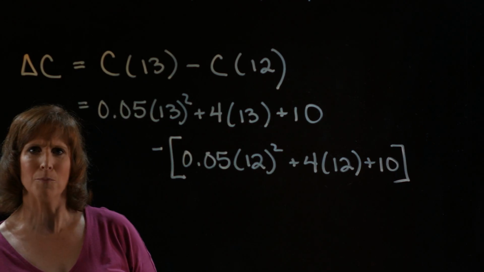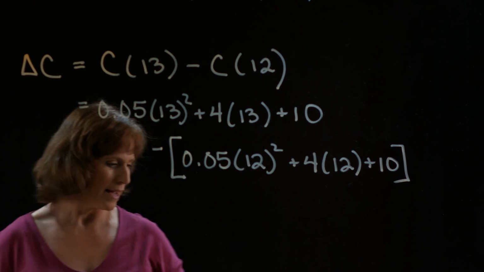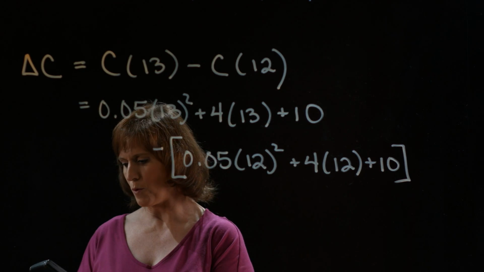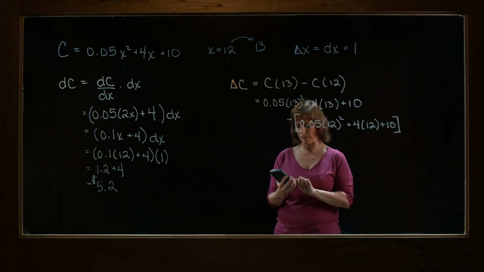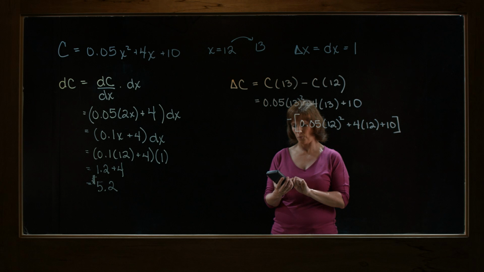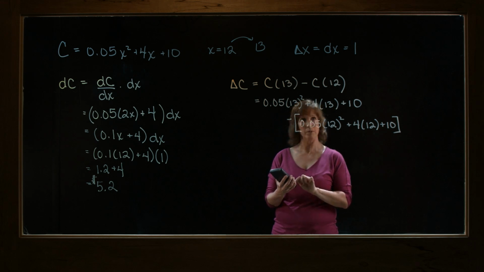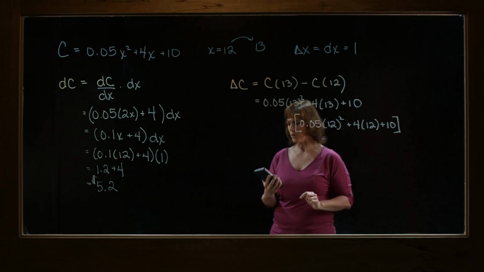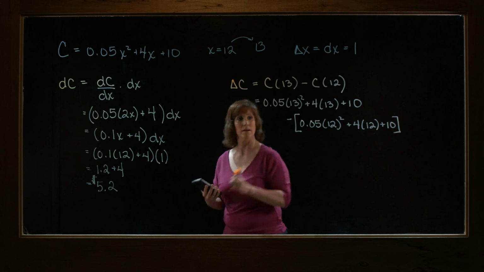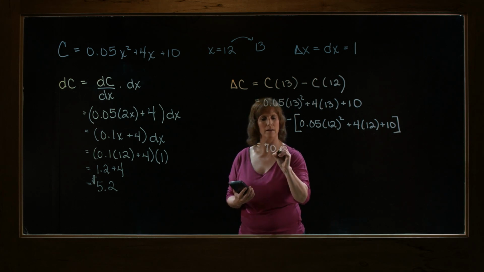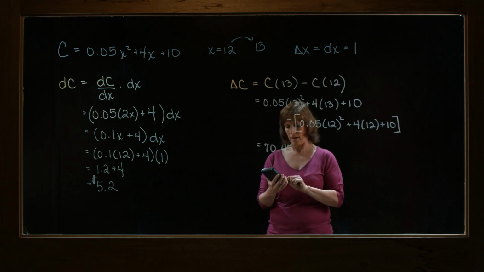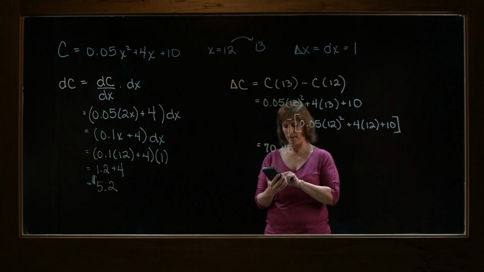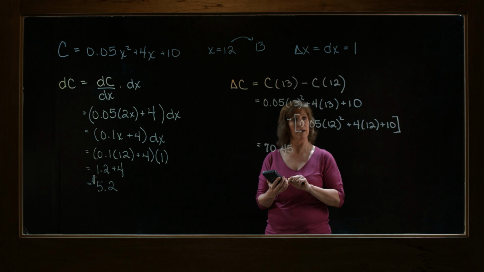I think at this point I'm going to pull out my calculator to help me get these answers. So I'm going to have 13 squared times 0.05 plus 4 times 13 plus 10. That's going to give me 70.45. I then am going to subtract 12 squared times 0.05 plus 4 times 12 plus 10.